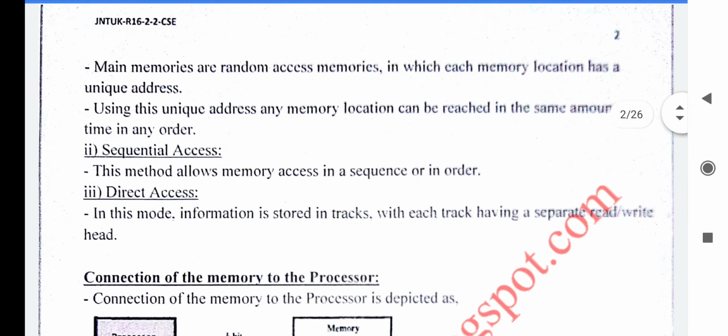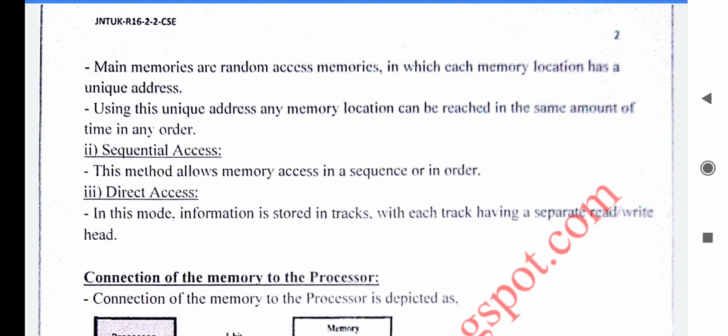Random access. Main memories are random access memories in which each memory location has a unique address. All accesses used for accessing main memory are random because we have to use a unique memory location.